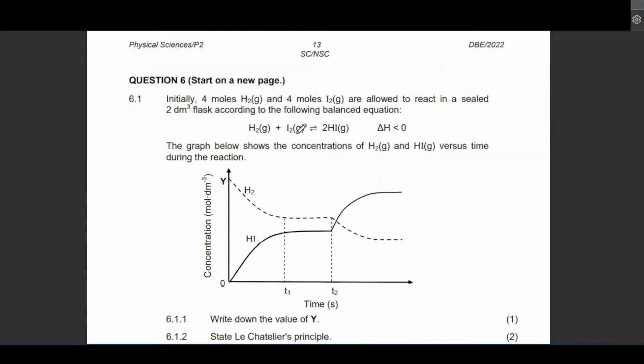Hydrogen plus iodine giving you hydrogen iodide. The enthalpy change is less than 0, meaning that this reaction is exothermic. So we have to know that. Now they're saying the graph below shows the concentration of this and this versus time.